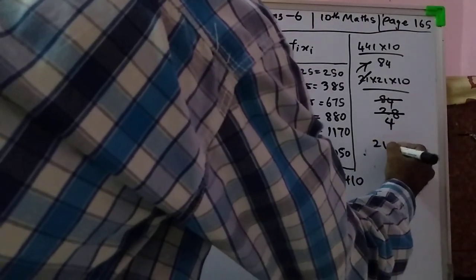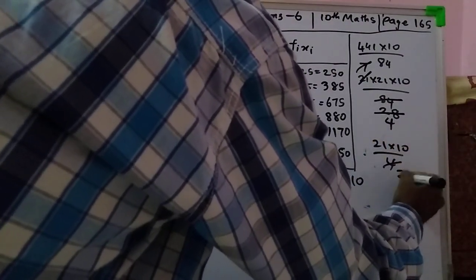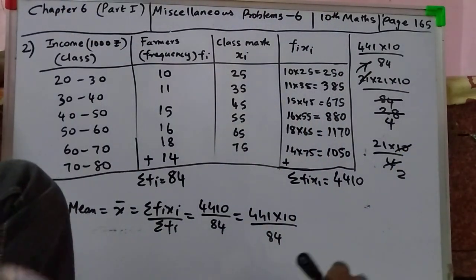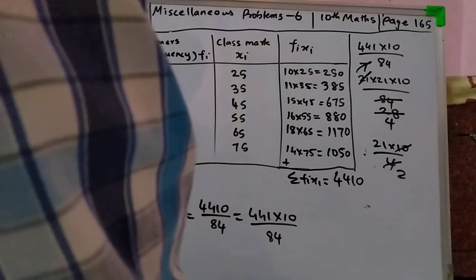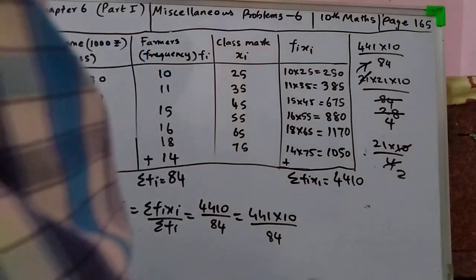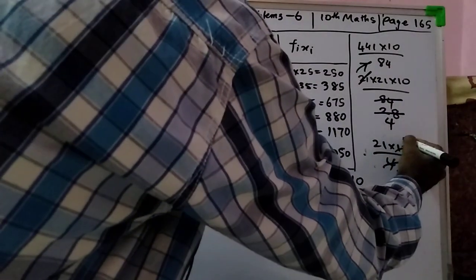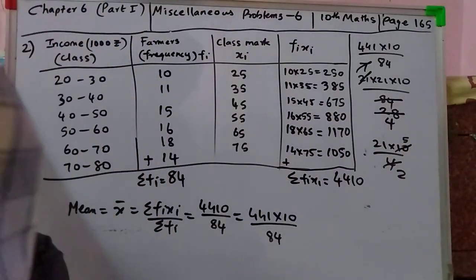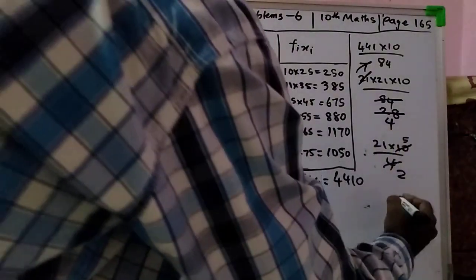Now write what is remaining: 21 into 10 upon 4. 2 into 2, 2 into 5.